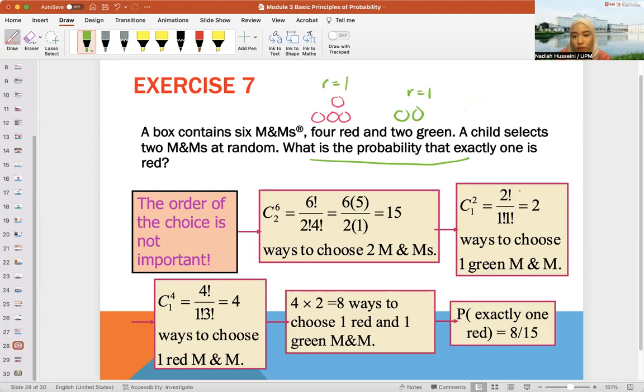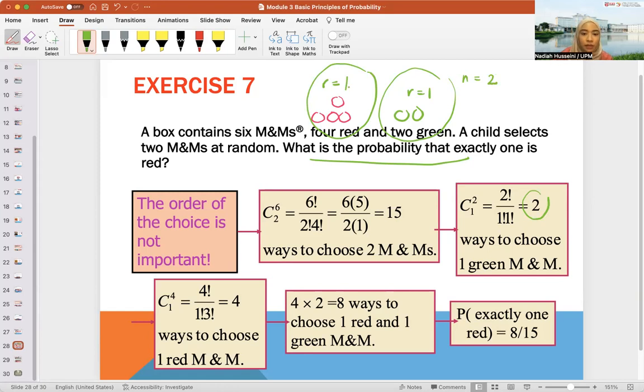So here, I want to know the number of possible ways to select green from here. So 2 choose 1. So I get the answer is 2. 2 possible ways to select green.